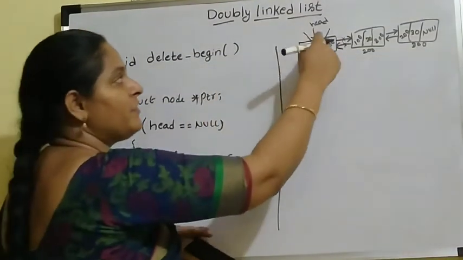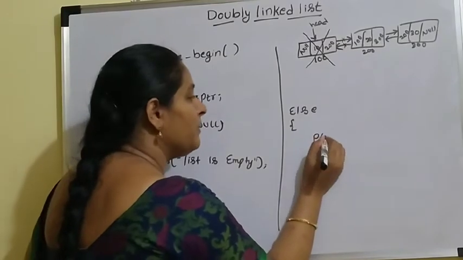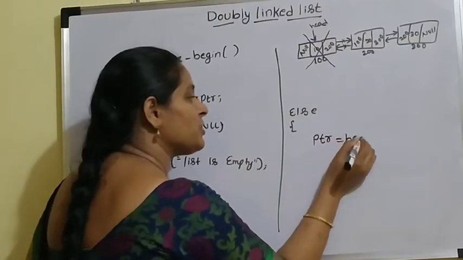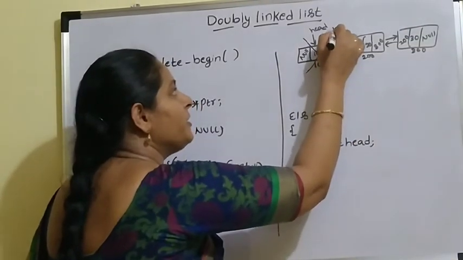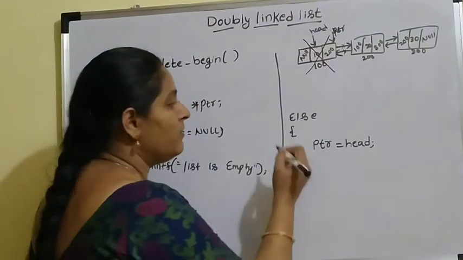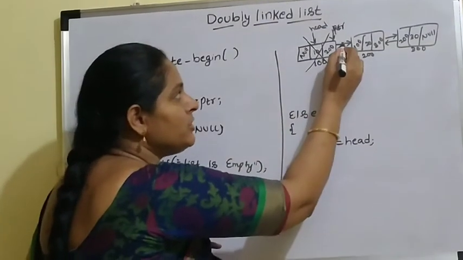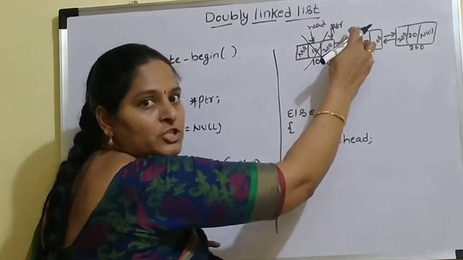Now I want to delete the first node. Okay. First assign ptr to the first node position. Here ptr is pointing to head position. Now what we need to do is disconnect these two. But if we disconnect these two, we cannot move the head pointer to the next position.